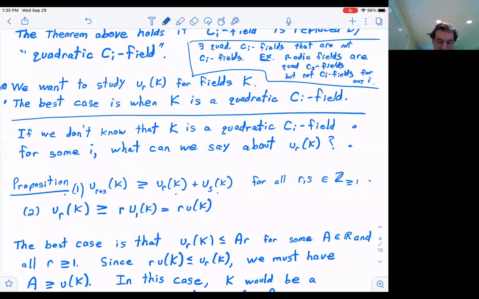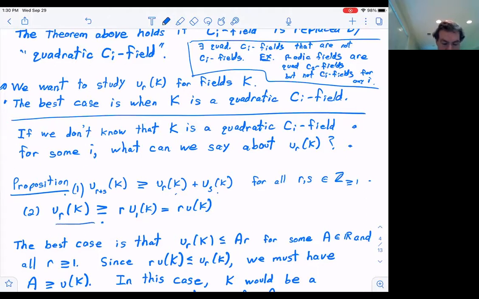Look at the definition. It's very easy to verify that. If I apply number 1 over and over to the case of 1, you see that u sub r of K is always greater than or equal to r times u sub 1 of K, which is r times u of K. So we always have this lower bound.